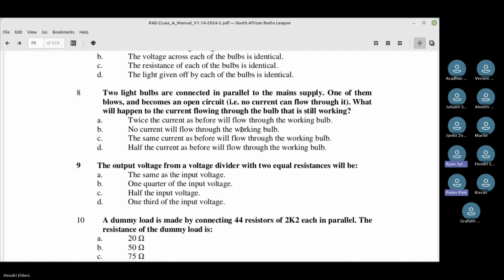Something important to note about any resistance is the current draw. I don't know how to express myself properly. If you use a voltage divider and you have, let's say, a 12-volt battery and these two 100 ohm resistors, they will blow if your current draw is bigger than the wattage they can handle.